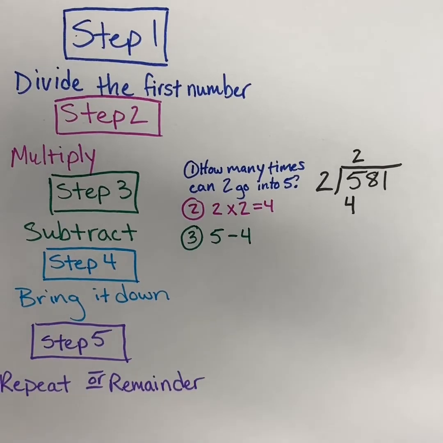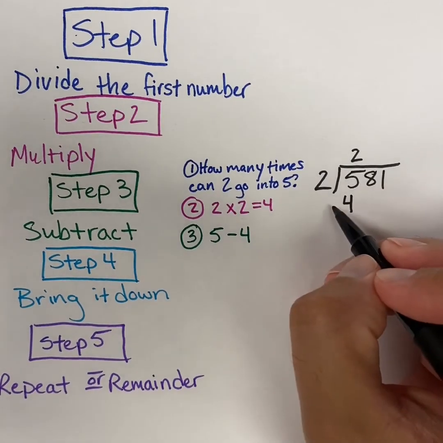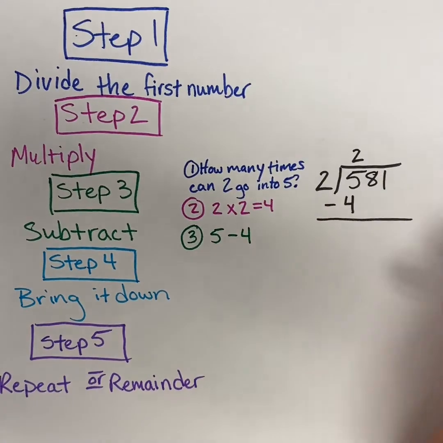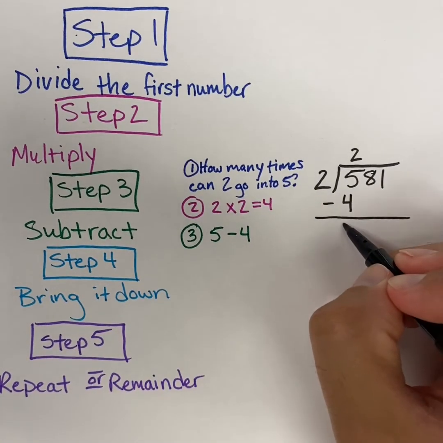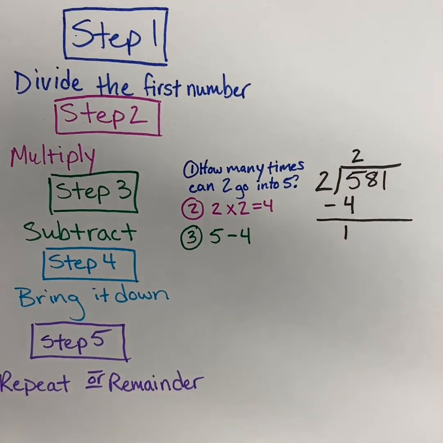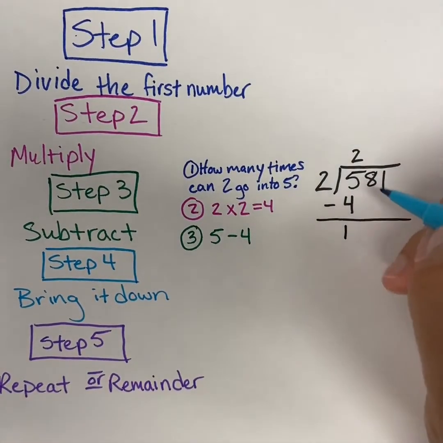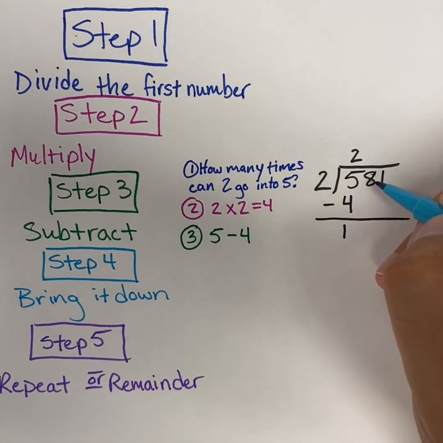In our third step, we're going to subtract that multiplication that we just figured out. So we're going to look down here. We are going to subtract 4 from 5. And we are going to find out that that is 1. And then in our next step, we need to bring down our next number. In this case, it's an 8.